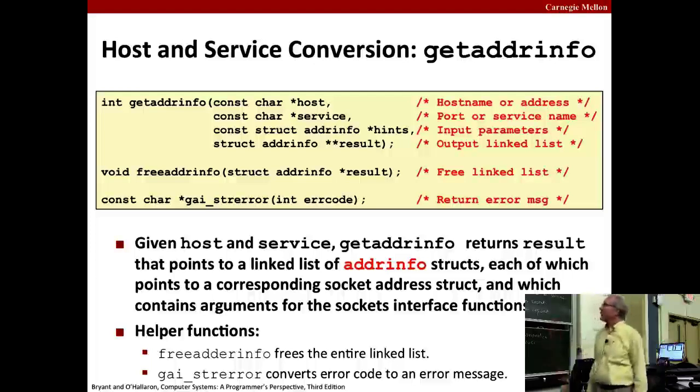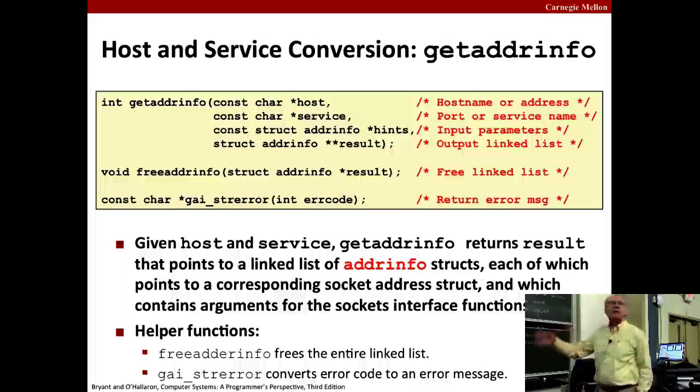But these are actual strings. So you give the name, like the domain name of a host, or you can give the dotted decimal name, but written as a sequence of characters, 1, 2, 8, dot, and so forth. And a service, for example, that this is an IPv4 TCP service.